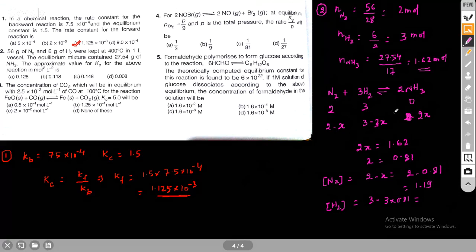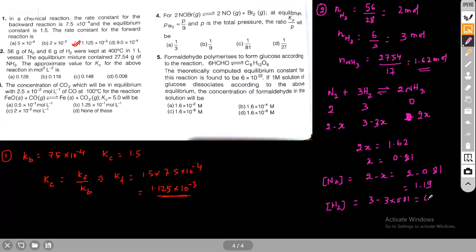What is the equilibrium concentration of H2 you are getting? Saimir, Ritvik, what is the equilibrium concentration of hydrogen? Tell me this value. 0.57.